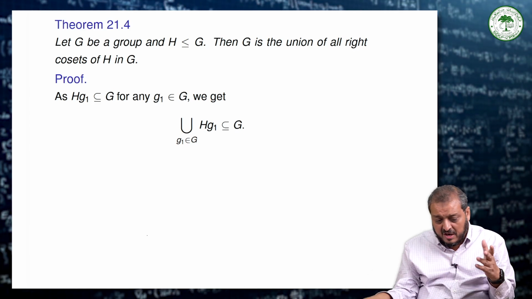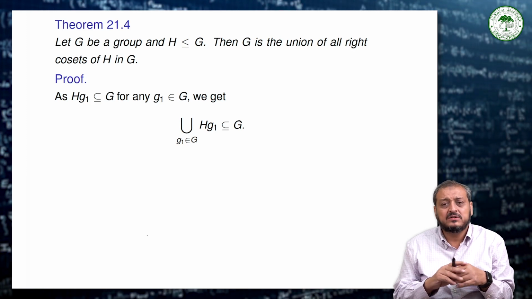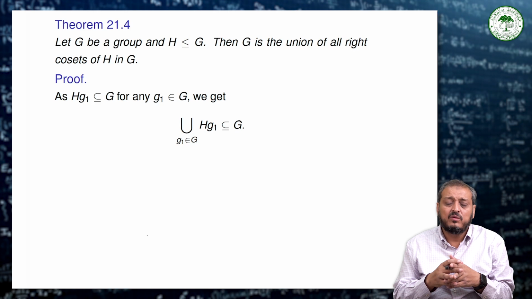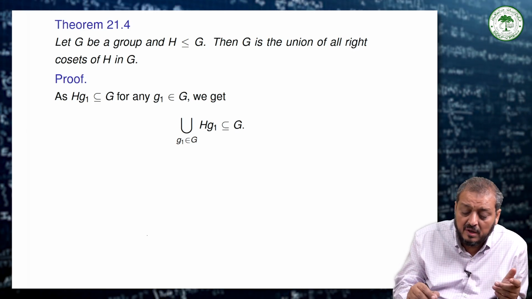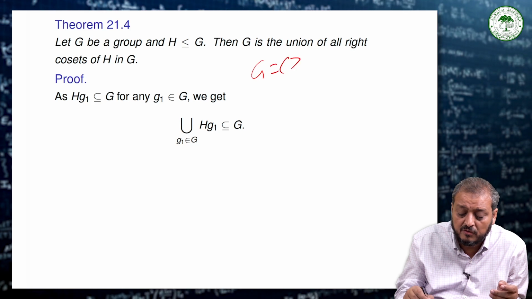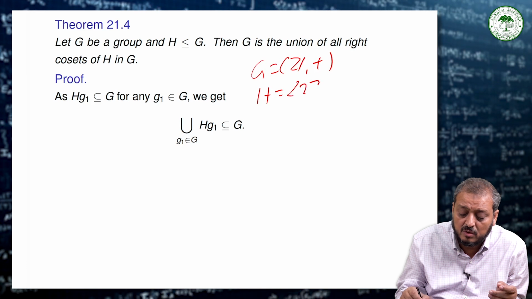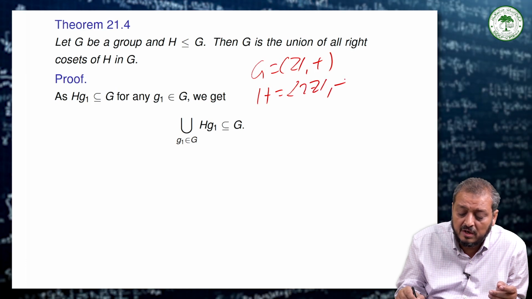You know that we have to prove various examples in the beginning. If you remember, I take a group, the set of integers under addition, and we take H as 2Z under addition.